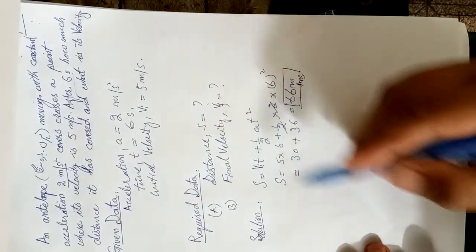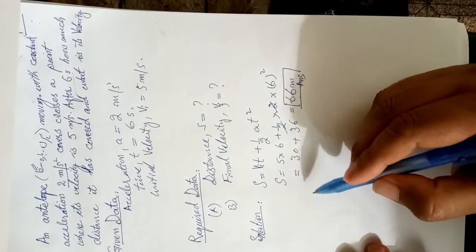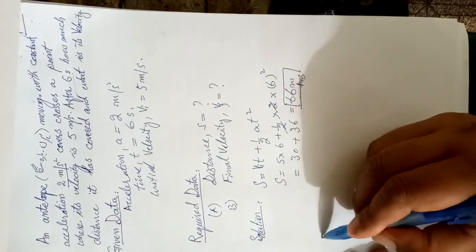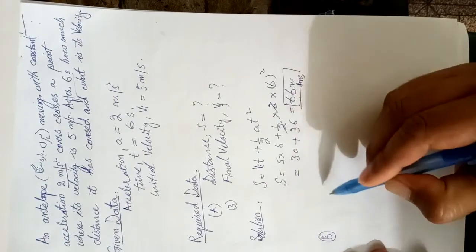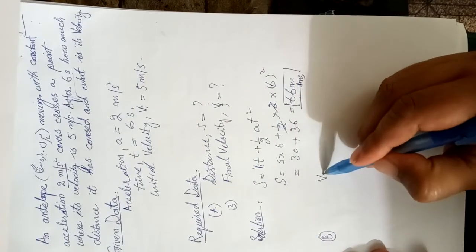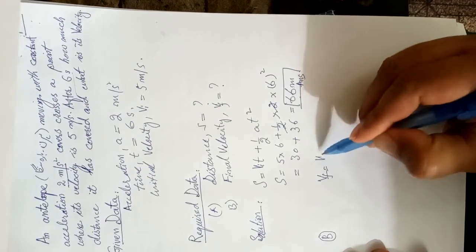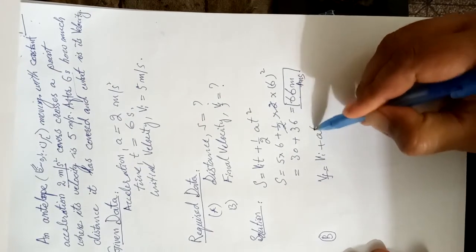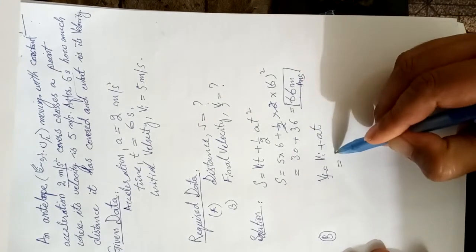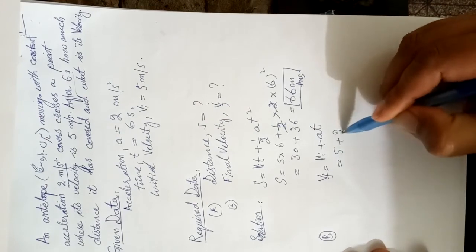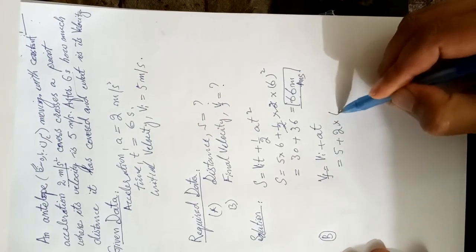Now you have to determine the final velocity. So for part B, we use the first equation, that is Vf is equal to Vi plus At. Vi is 5, A is 2, time is 6.